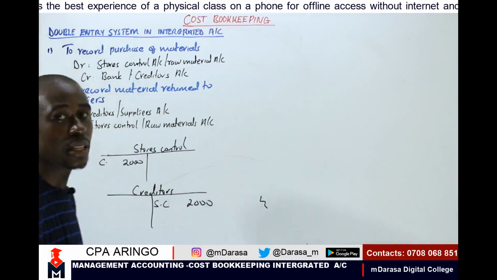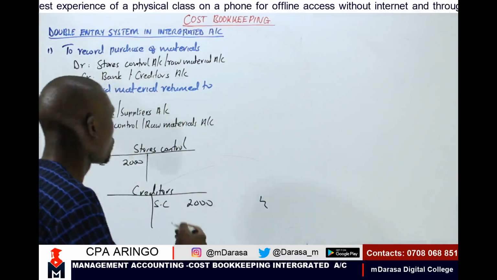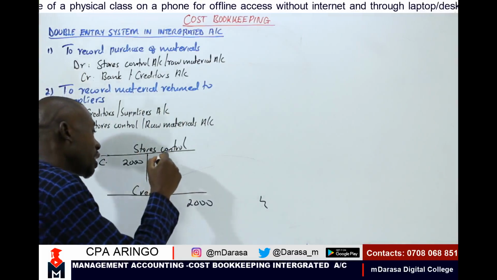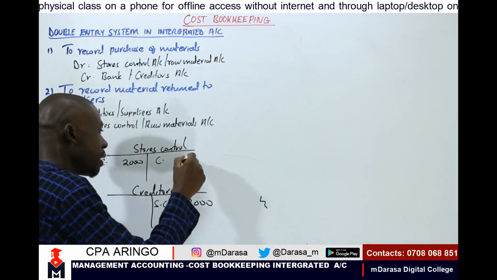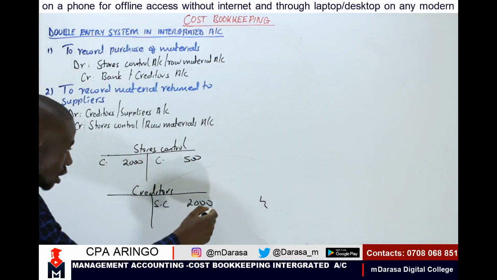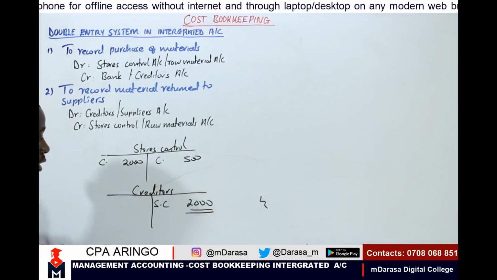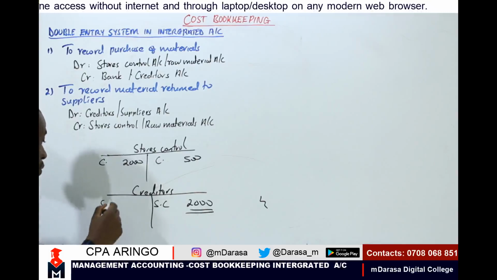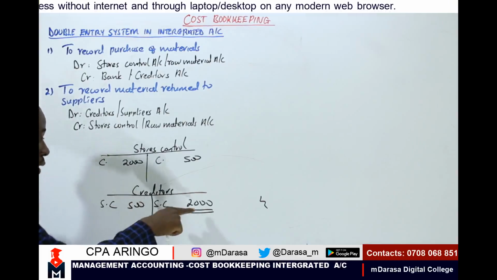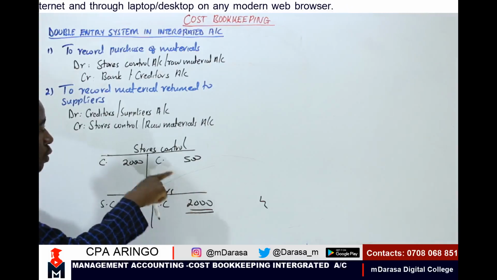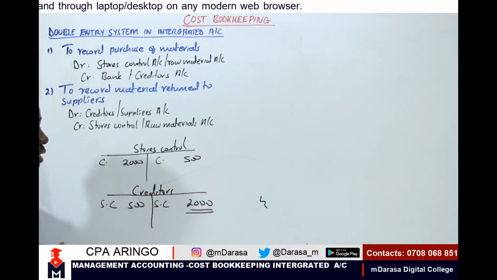In returning these goods, we are going to credit, meaning that I return to the supplier, the creditor, 500. Initially we were owing this person 2,000, but in returning goods worth 500, it reduces our liability at this point. And also it has reduced our materials in store.